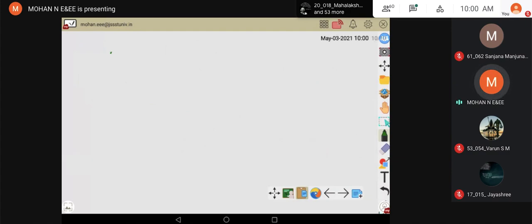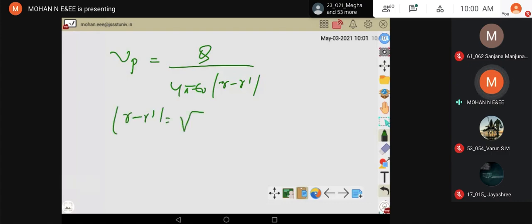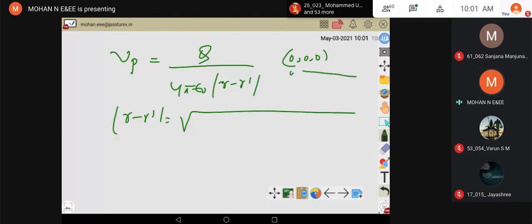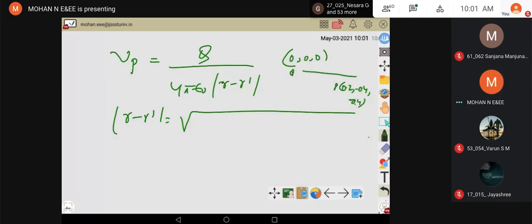Let me find Vp. The formula is Q by 4 pi epsilon naught times the magnitude of r minus r dash. Q is at (0, 0, 0), and P is at (0.2, 0.4, 0.4). So it is the square root of 0.2 squared plus 0.4 squared plus 0.4 squared, which is 0.6.